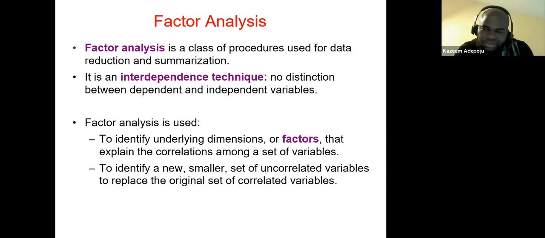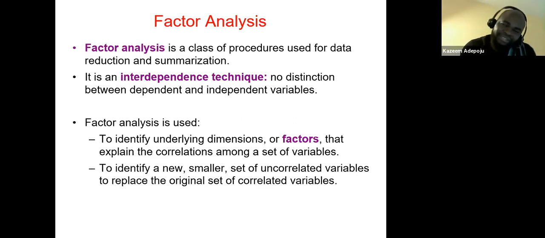But principal component analysis cannot do the job of identifying the underlying factors that enable variables to correlate among themselves. That is what factor analysis does.